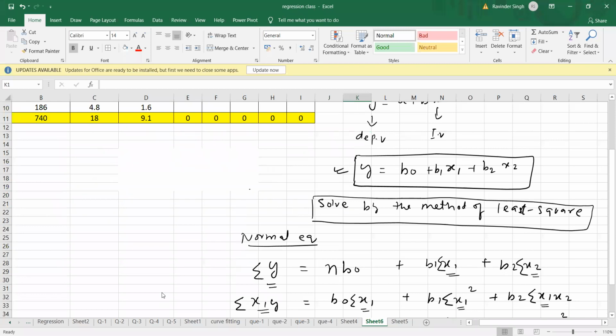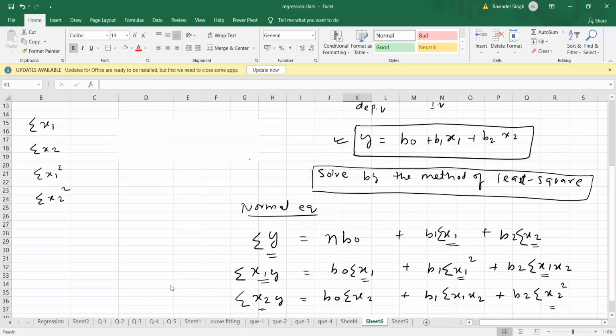So to avoid the confusion, what we need to find, we just write it here. I need summation of x1, summation of x2, summation of x1 square, summation of x2 square.